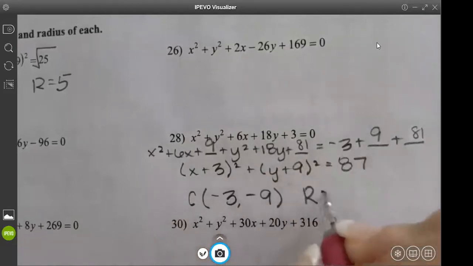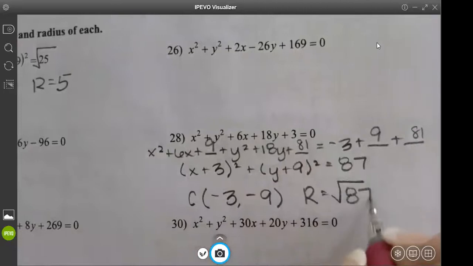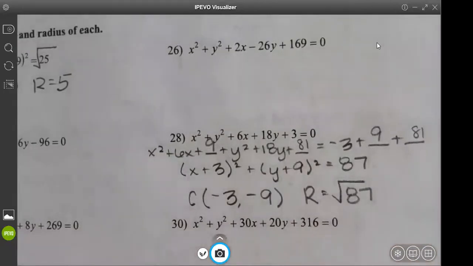Your radius, you can just leave as the square root of 87. If we find one where we can break it down, we will, but 87 will not break down. And what I mean by breakdown is they might have 2 square root 3 or something like that. But this one will not work.